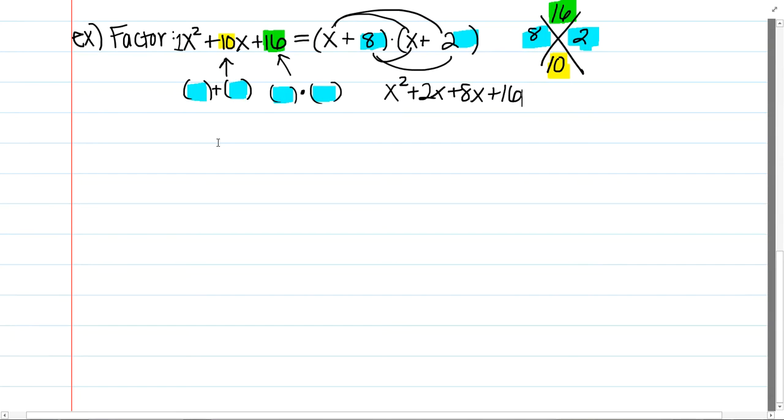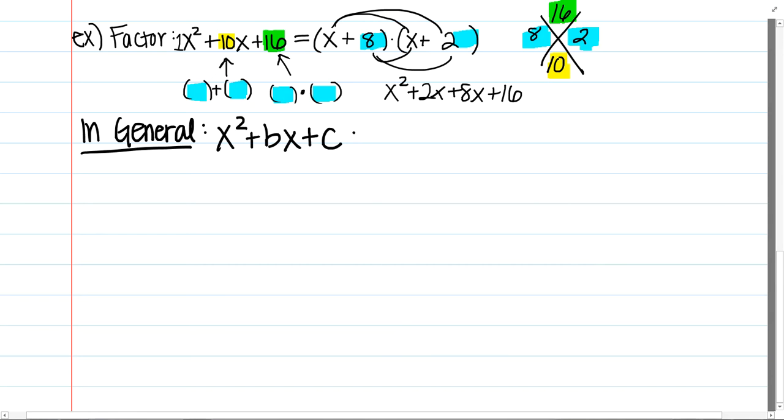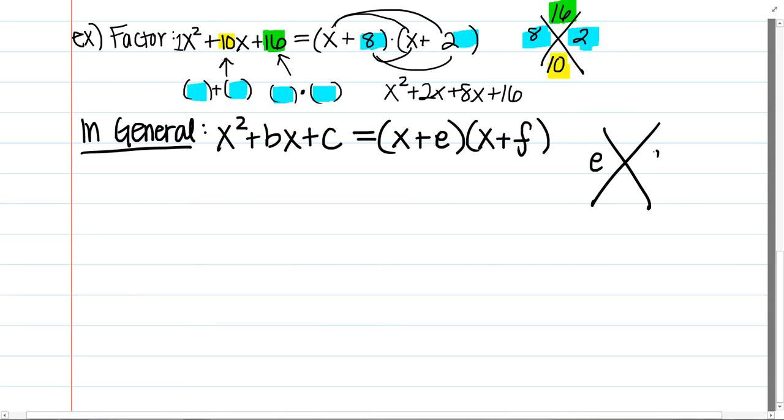Okay, so in general, if you are factoring x squared plus bx plus c, it would become x plus some number, I'm going to call it e, times x plus some other number, f, where e and f are the numbers you get in a diamond problem where the product is c and the sum is b.